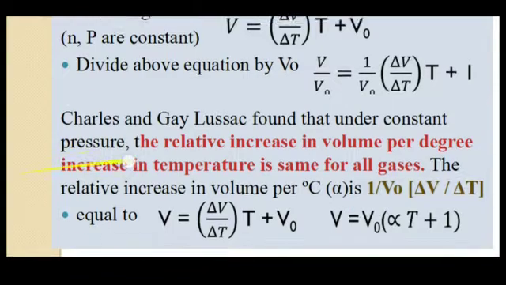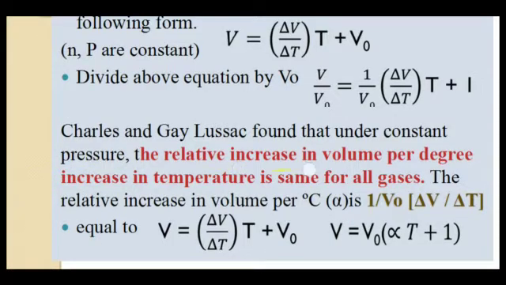Then Charles and Gay-Lussac found that under constant pressure, the relative increase in volume per degree increase in temperature is the same for all gases. What they said: the relative increase in volume per degree increase in temperature is the same for all the gases.